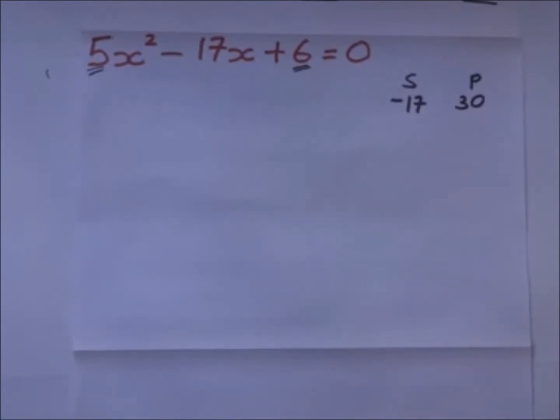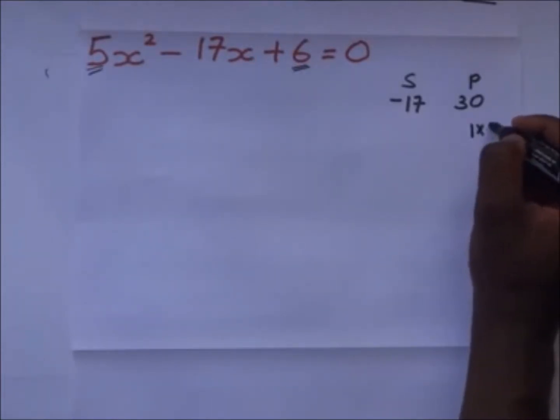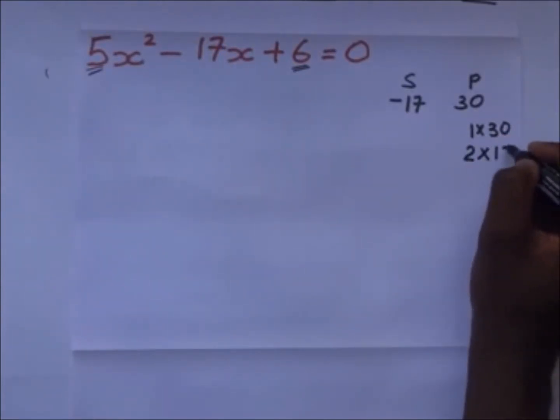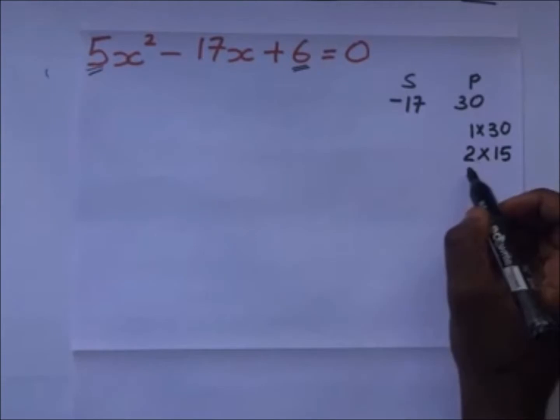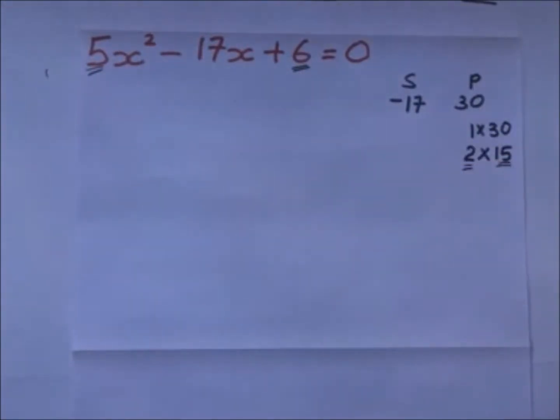From the factors of 30, we have 1 times 30, and we have 2 times 15. Now, if you look at these numbers 2 and 15, we can manipulate them to suit this condition.